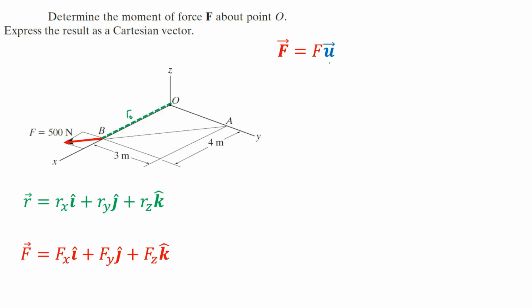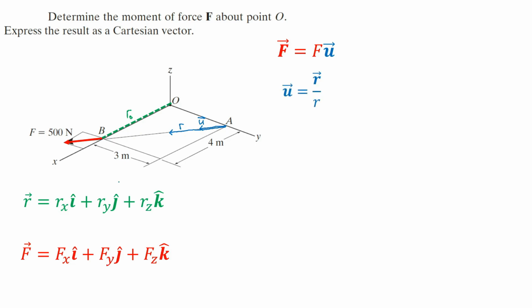To get this unit vector, we will use a position vector. This position vector is parallel to our force, and it is also in the same direction as the unit vector, since they are parallel to the force.